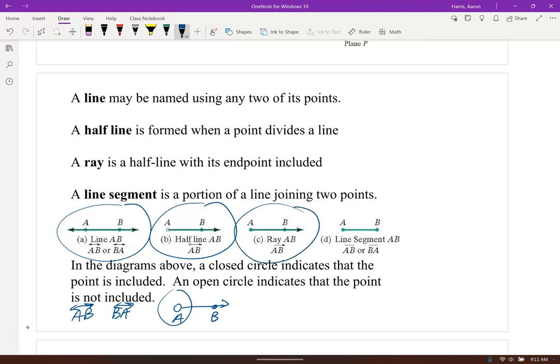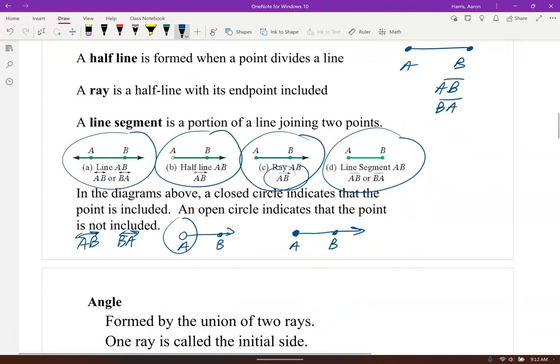Whereas a ray will actually include, filled in, ray AB, denoted there with that ray AB. And then finally a line segment just stops, right? It doesn't keep going. There's our line segment AB, or you can say line segment BA, right? So different ways to say that.